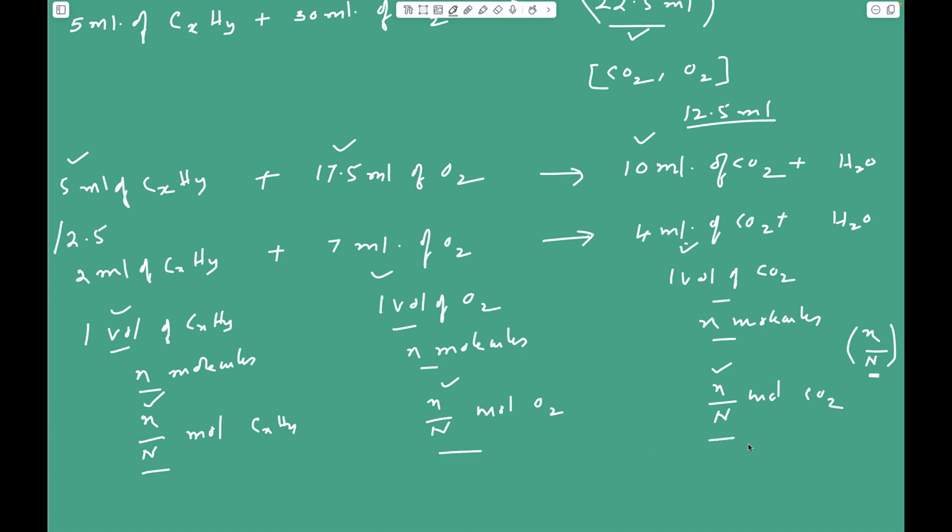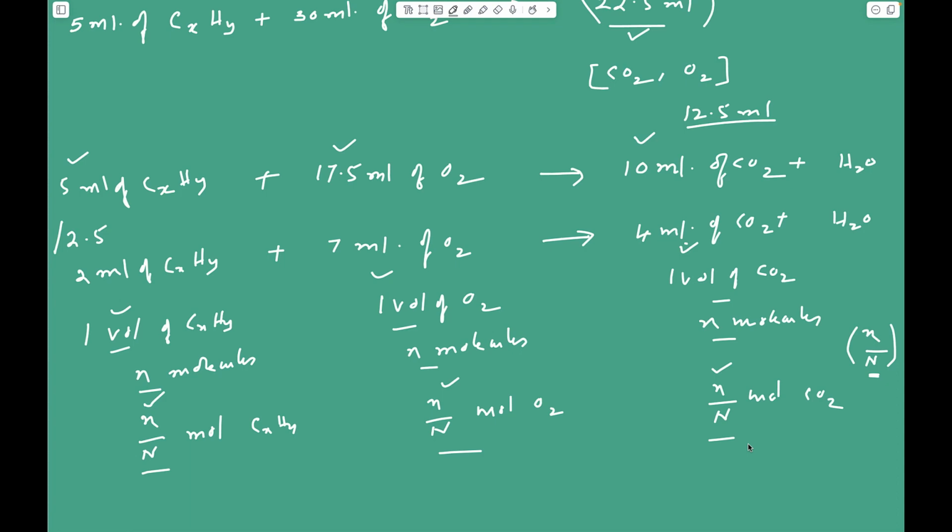That is, they have the same amount of substance. So we can state Avogadro's hypothesis or Avogadro's law as equal volumes of all gases at the same temperature and pressure contain equal number of molecules or equal number of moles.